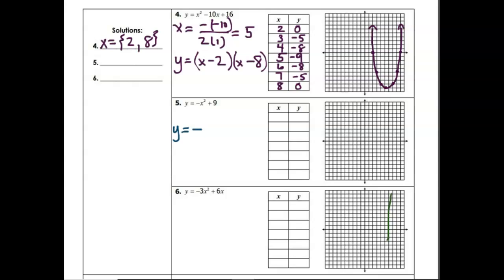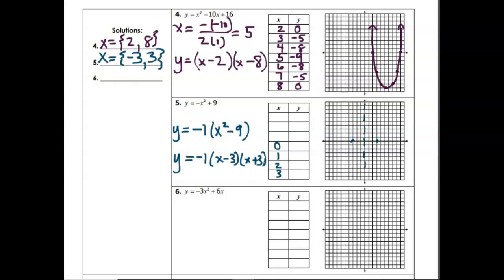Now, if we take a look at the next one and factor it out, notice that this factors because of the difference of squares. It factors to x minus 3 times x plus 3, and so the intercepts are at -3 and +3.